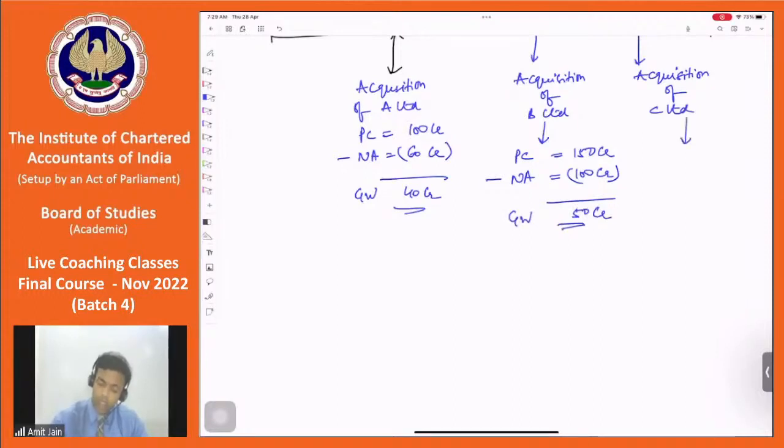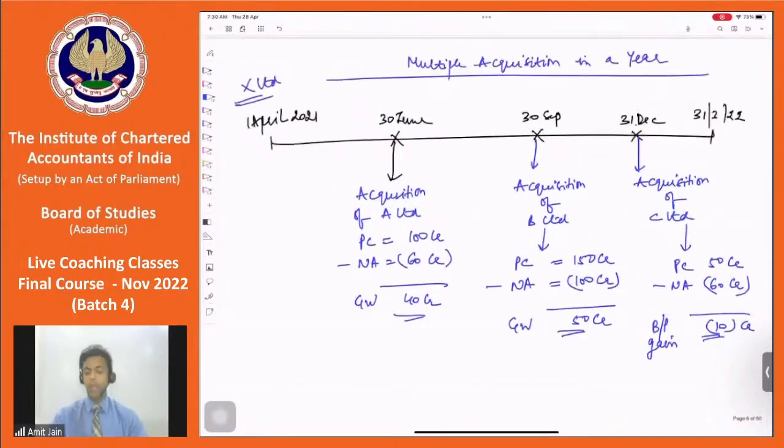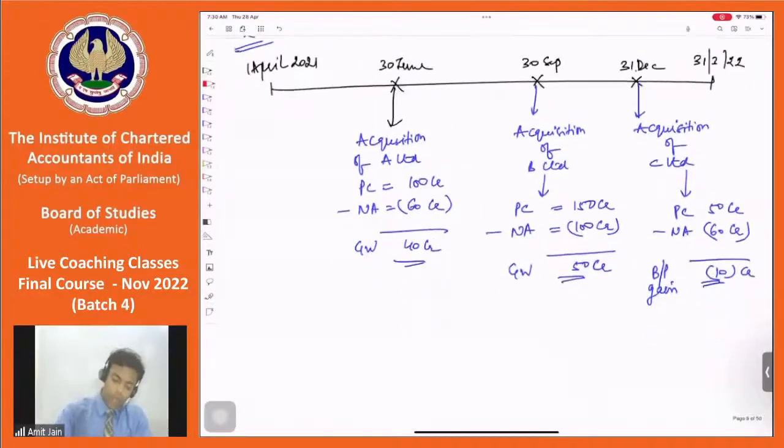And in this case, let's say purchase consideration is 50 crores. Net asset at fair value is, let's say, 60 crores. Then it will be a case of bargain purchase gain. Correct, my dear friend? Now in this case, what is going to happen? I need to apply business combination accounting on this date.